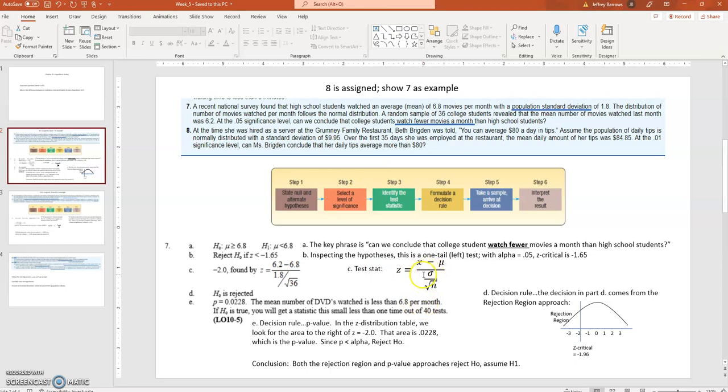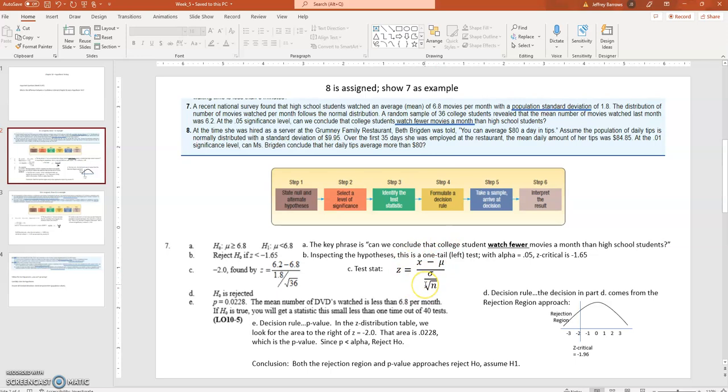Because this is a sampling distribution, we know that the denominator is going to be the standard error of the mean in this case. That is sigma over the square root of n, because the population standard deviation of 1.8 is known. The test statistic here will change as you go from a mean to a proportion. You will see some of that in the explanations in the book.